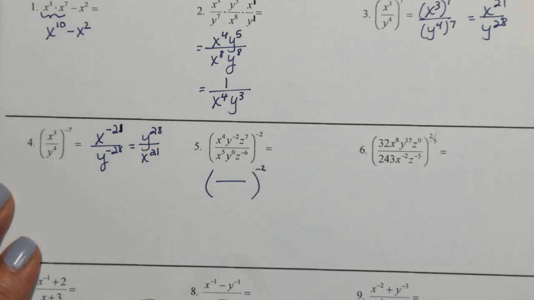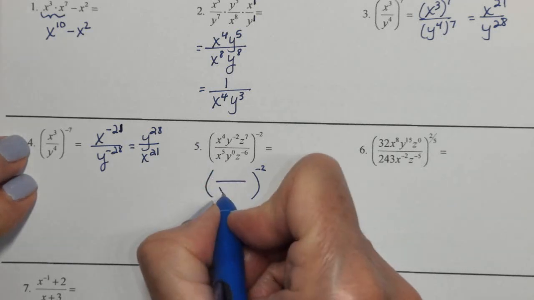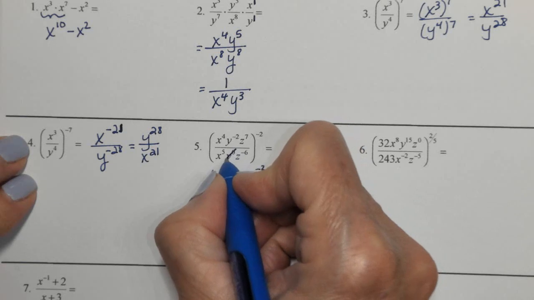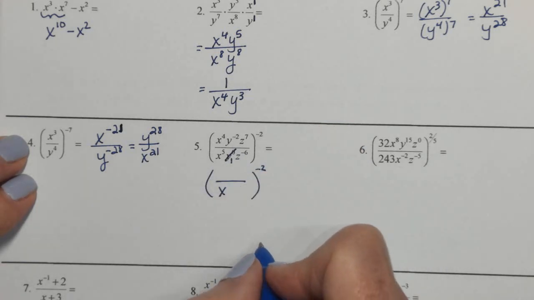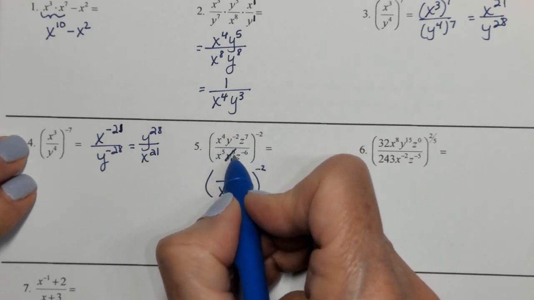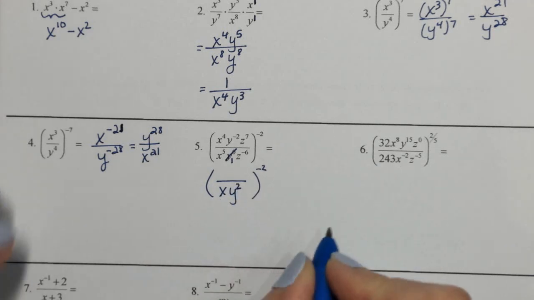So let's take care of our x's. I've got x to the 4th over x to the 5th. That's going to leave an x to the 1st on the bottom. This y to the 0 is just 1, so that's not going to affect anything, right? I'm left with that y to the negative 2 on top that I'm going to bring down to the bottom and make it y squared.